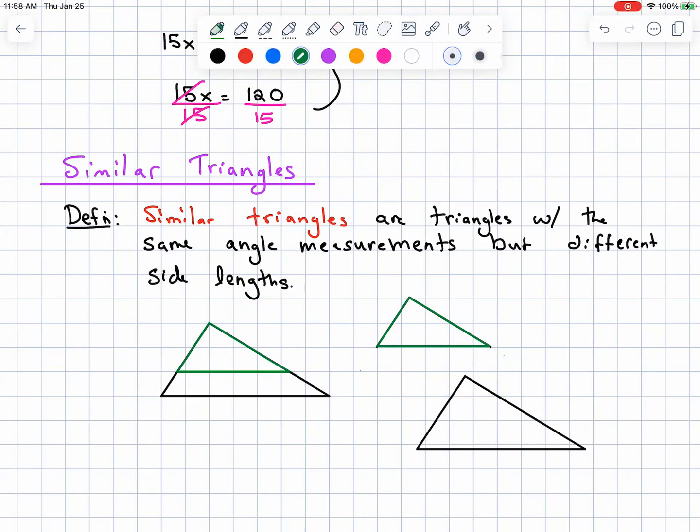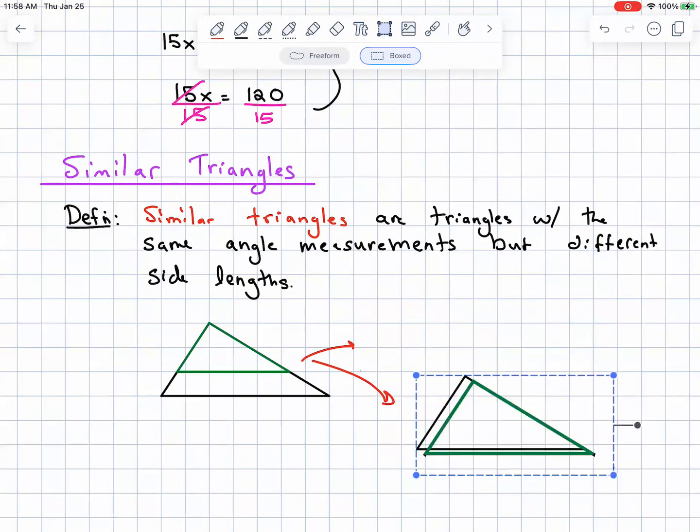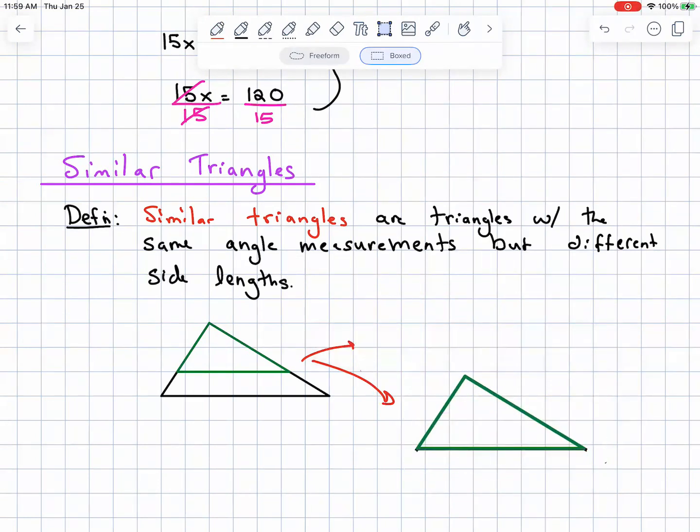So you have this triangle breaking off into two different triangles that have the exact same angle measurements. They're virtually the same. It's just that one of them is a bigger version of the other. And I could just take this and expand it and it'll line up perfectly, right? Those are what similar triangles are.